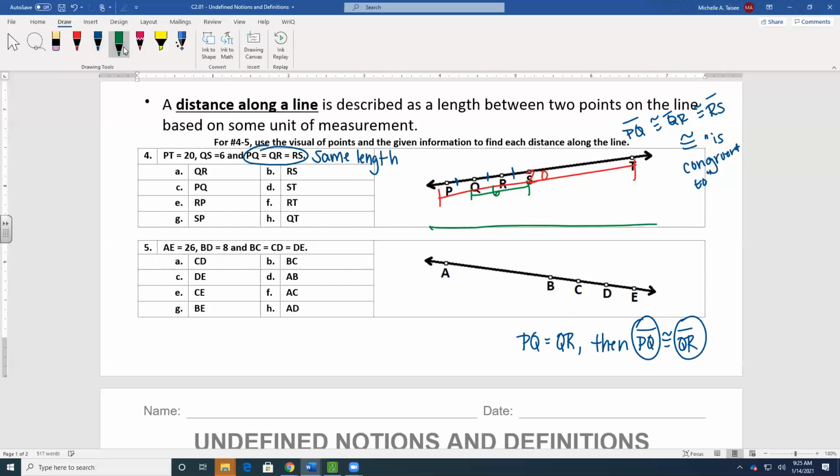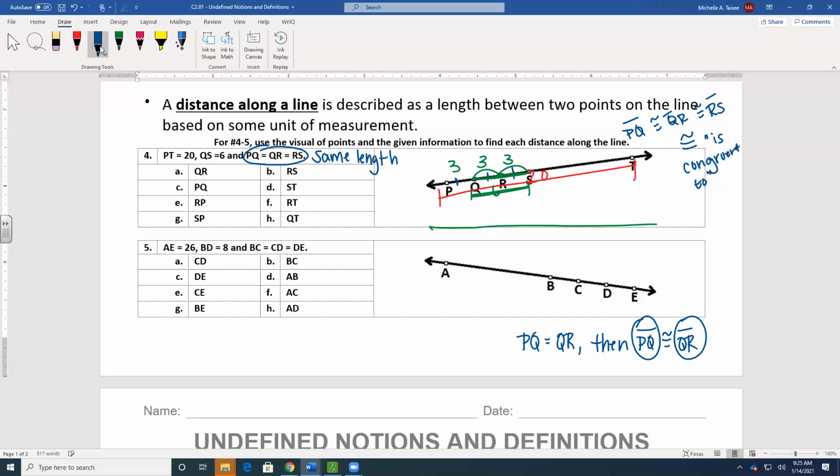So based on that information, from Q to S is 6. And from Q to R is the same as R to S. So how long is it from Q to R and R to S? 3. And if Q to R is the same as R to S, which is the same as P to Q, how long is it from P to Q? 3.